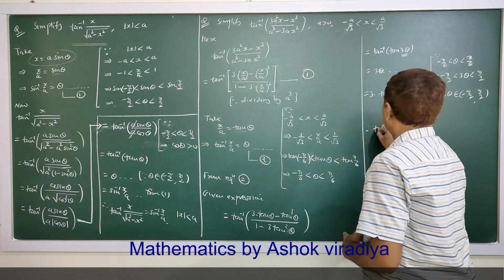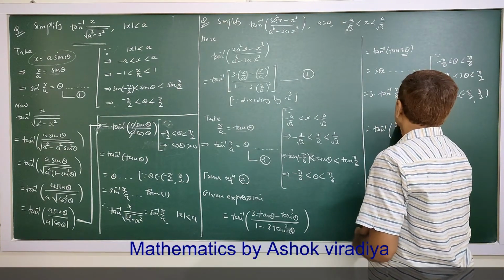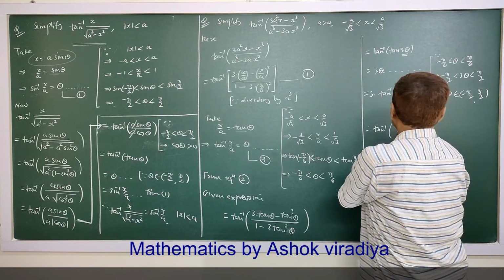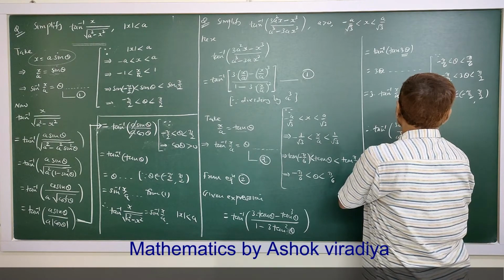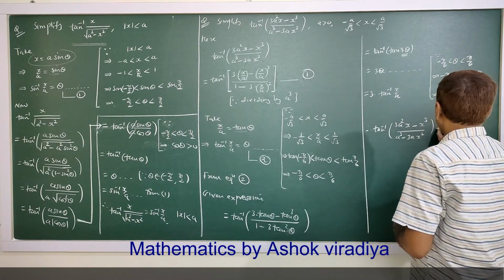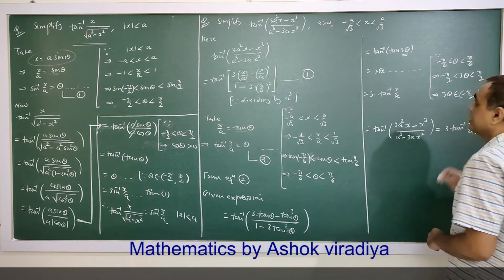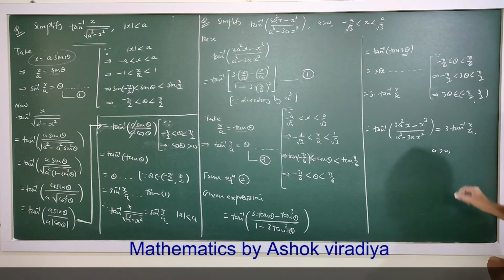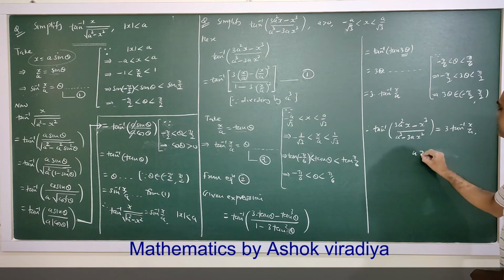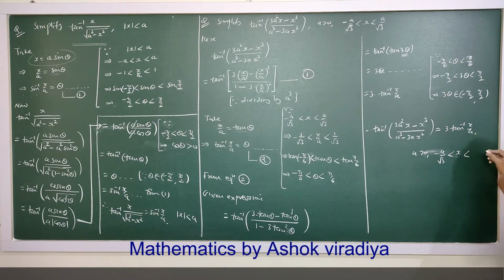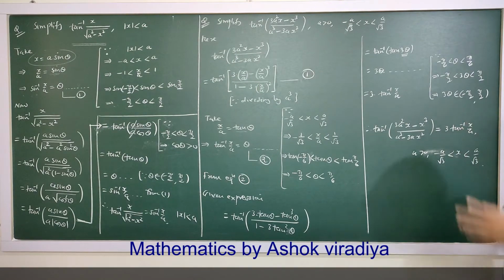Therefore tan inverse of (3a square x minus x cube) upon (a cube minus 3ax square) is equal to 3 times tan inverse x by a, where a is positive and x lies between. Under this condition, this is derived. So this is the required simple form.